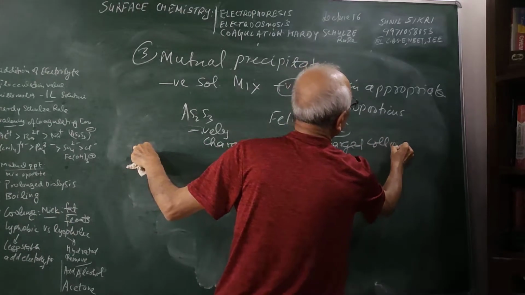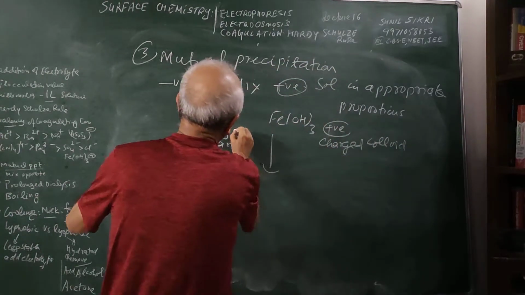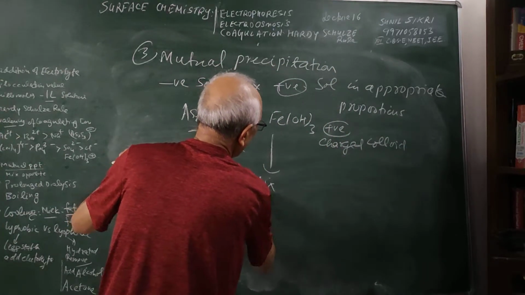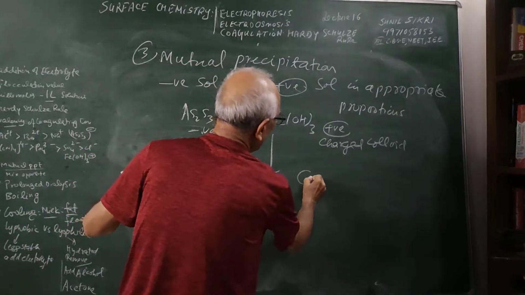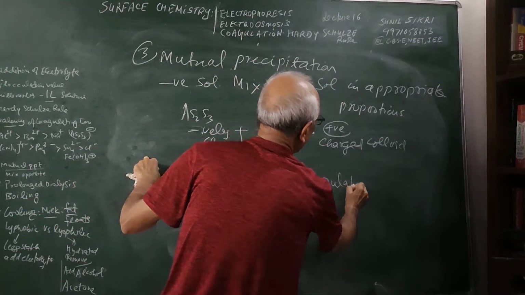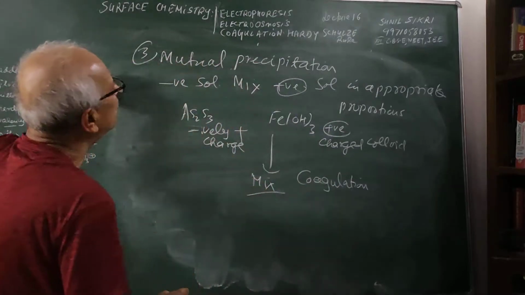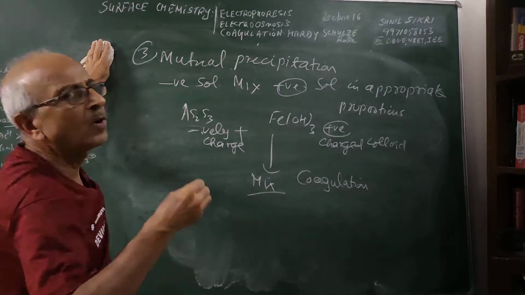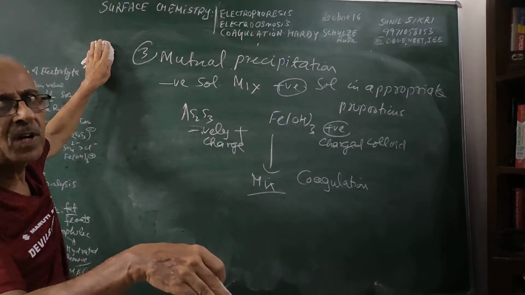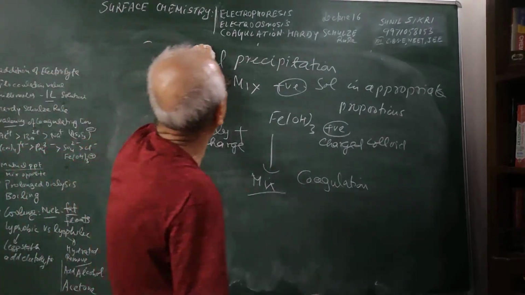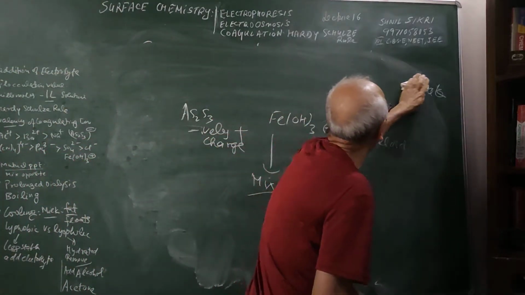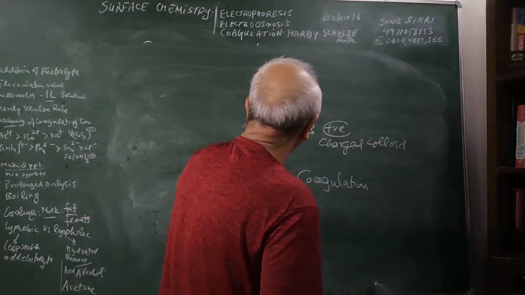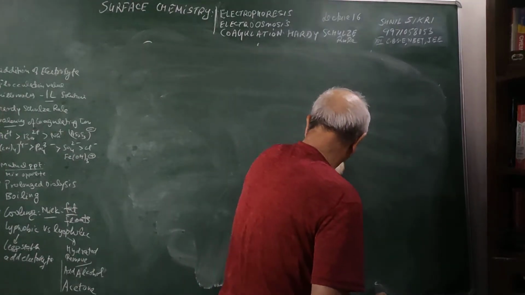If you mix the two in appropriate amounts, coagulation will take place. This is called mutual precipitation. They will aggregate, form bigger particles and settle down as solid precipitates.